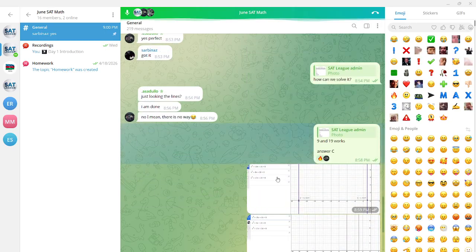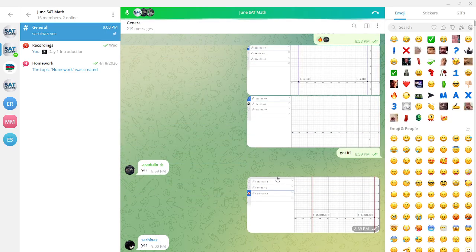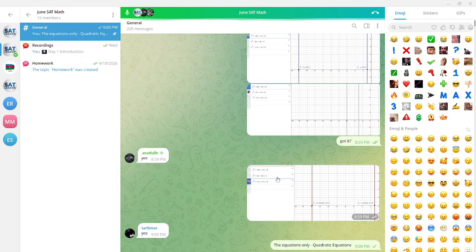Now, guys, so far we have learned the equations only, because the topic was quadratic equations. But the other part of this quadratic topic is the quadratic functions.